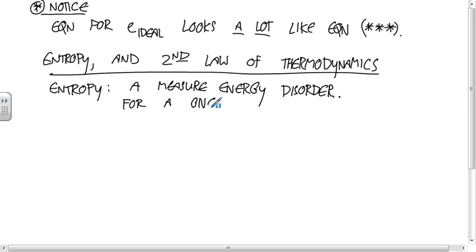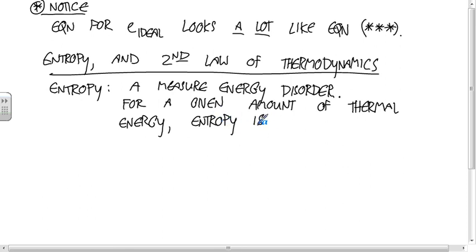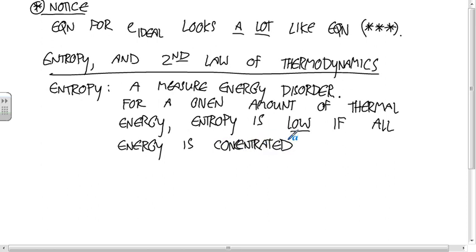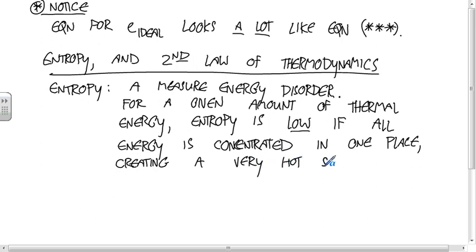For a given amount of thermal energy, entropy is low if all that energy is concentrated in one place, creating a very hot spot and a very cold spot.